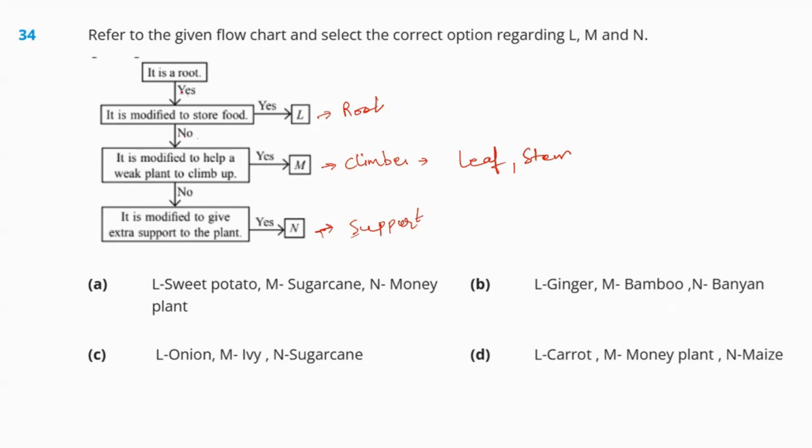So if I see that it is a root, yes, L is a root. So here sweet potato, ginger, onion, and carrot. Carrot is a root. Climber would be your money plant, and maize roots are modified to give extra support to the plant. Yes, so our correct answer would be option number D here.